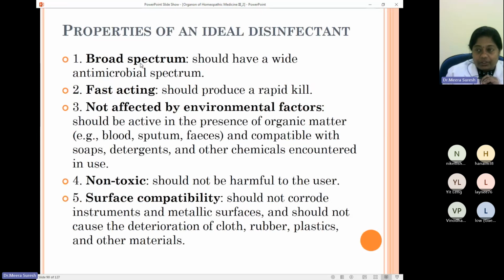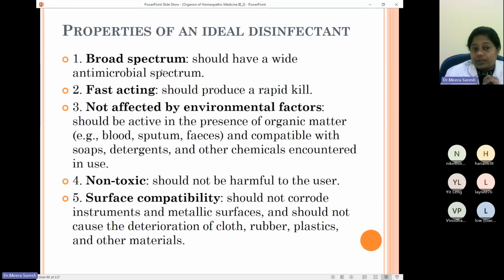It shouldn't be specific to only one type of organism, because then we would need a separate disinfectant for each organism. So a large number of microorganisms should be destroyed with this disinfectant.